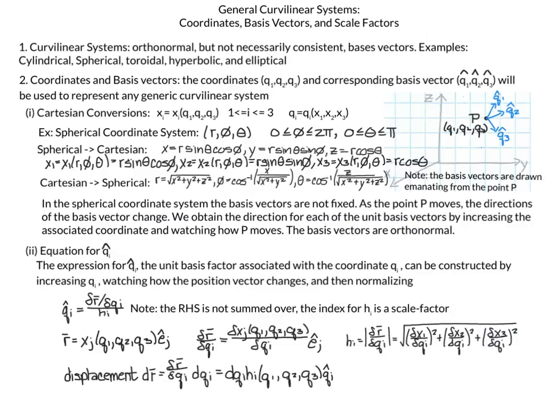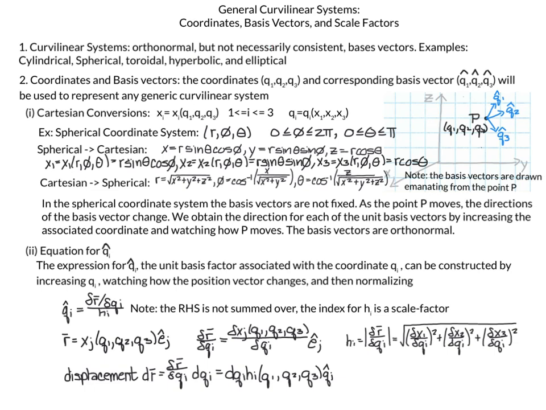To review what we have covered in this video, we talked about general curvilinear systems. We said that their bases are orthonormal but not necessarily consistent. Our examples were the cylindrical and spherical systems, which we have covered in the last couple of videos, and the toroidal, hyperbolic and elliptical, which we have not covered.